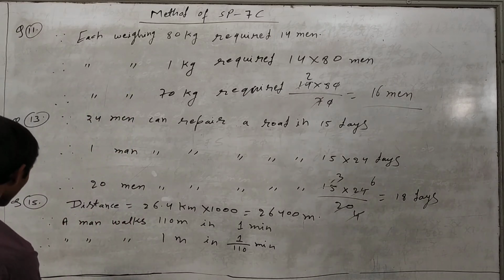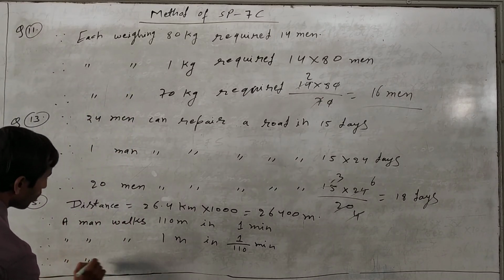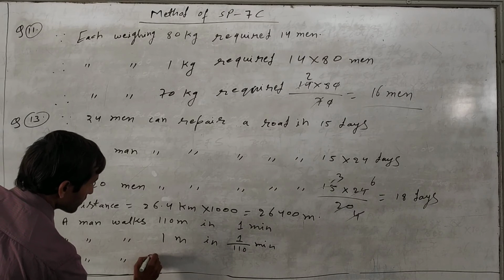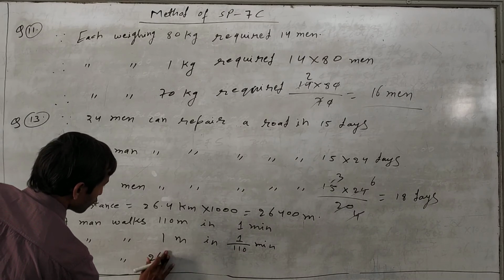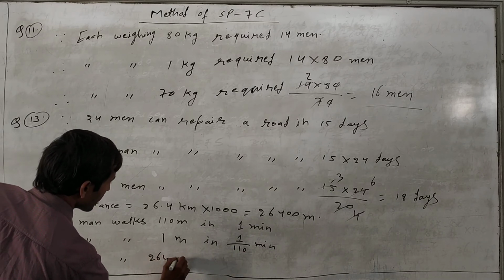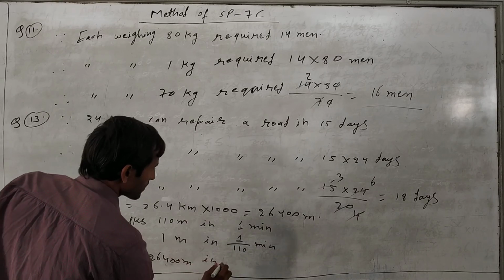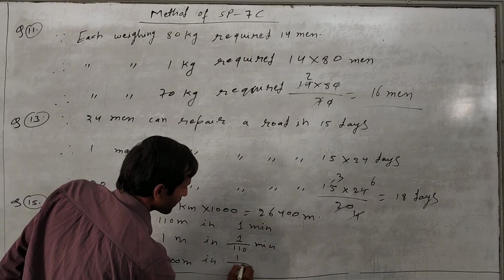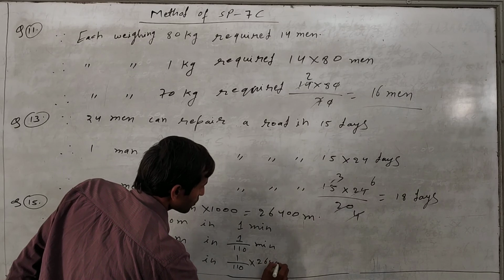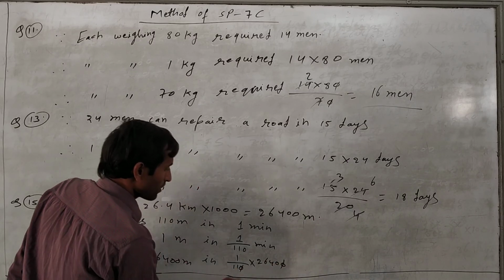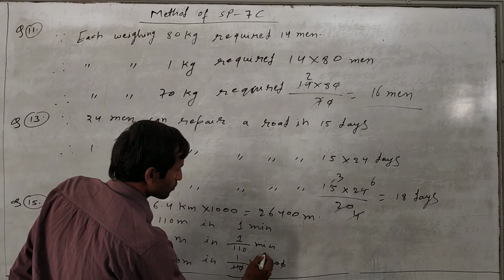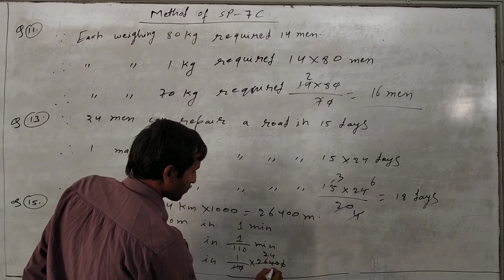So in this case we will multiply, as it will take more time. 26,400 meters in how much time? So 1/110 into 26400. 0 will cancel. Now we will cancel out by 2, and then 4 and 0.